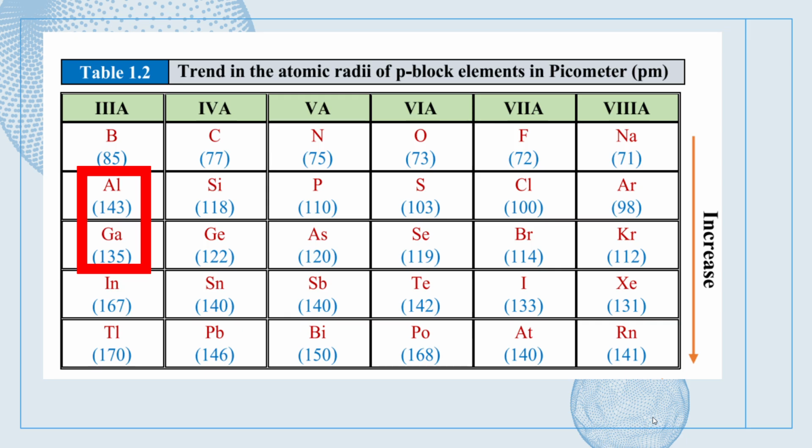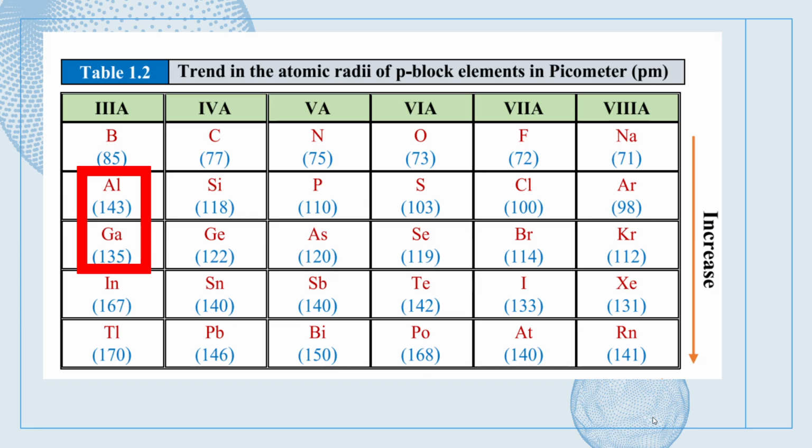You can see that there is a table shown here which shows the P block groups 3, 4, 5, 6, 7 and 8. In all these groups you can see that there is a trend of regularity, from boron, carbon, nitrogen, oxygen, fluorine and so on. When we move down the group, the atomic radius of the respective element is increasing. But as I have highlighted, in group 3A of the P block, there is an exception.